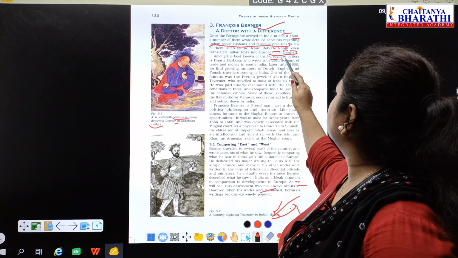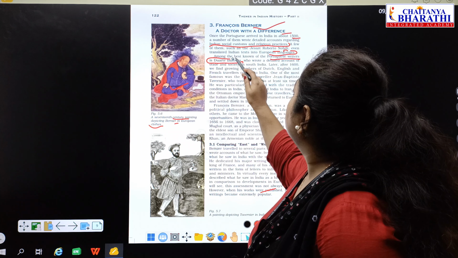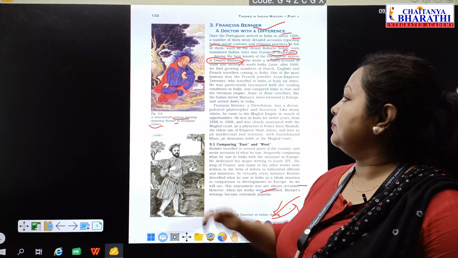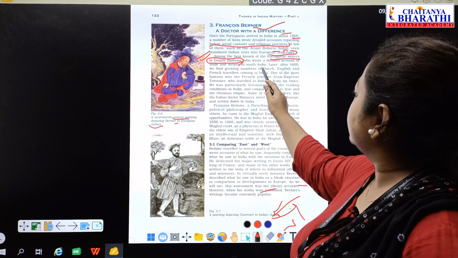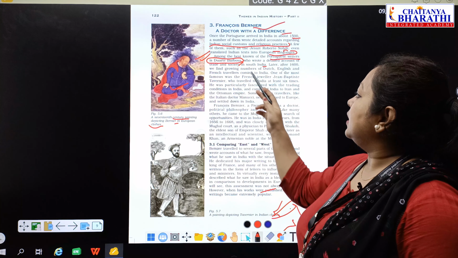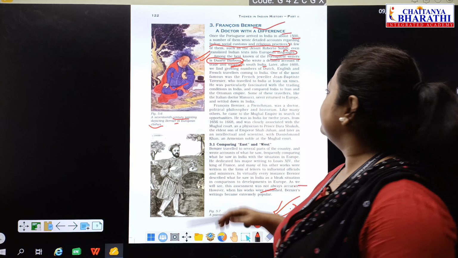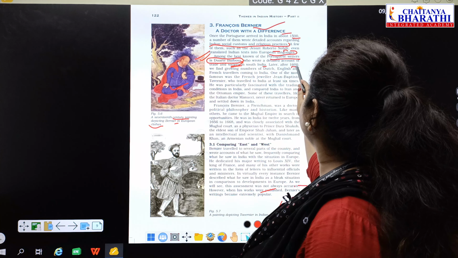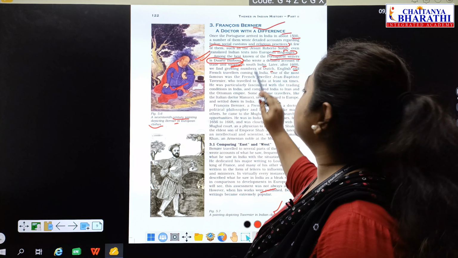Among them was the best known Portuguese writer Duarte Barbosa. Okay, this is another very important question. Who wrote a detailed account of the trade and society in South India? He, in his account, wrote about the trade and society of South India. Okay. Later, after 1600, we find growing numbers of Dutch, English and French travelers coming to India.